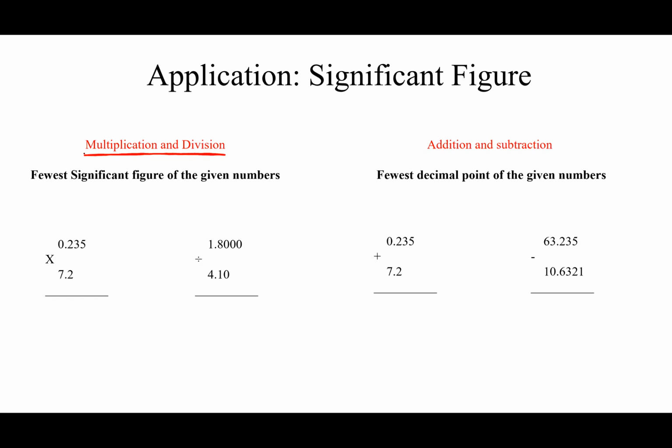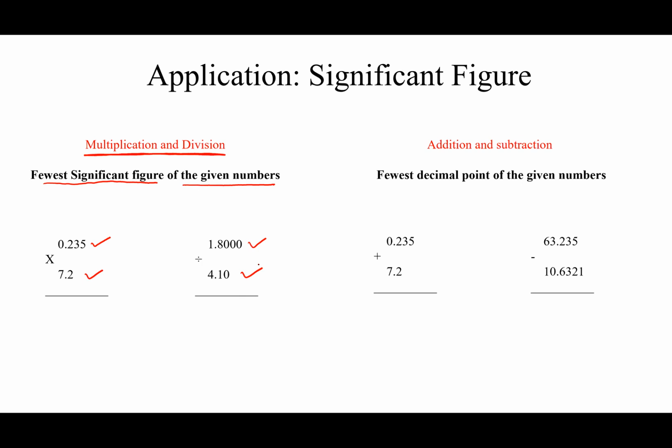That's what we're going to learn. The rule says: the fewest significant figures of the given numbers. It means when you're doing multiplication and/or division, you have to find out how many significant figures are in each given number. Whichever has the least number of significant figures, that many significant figures should be in the answer.